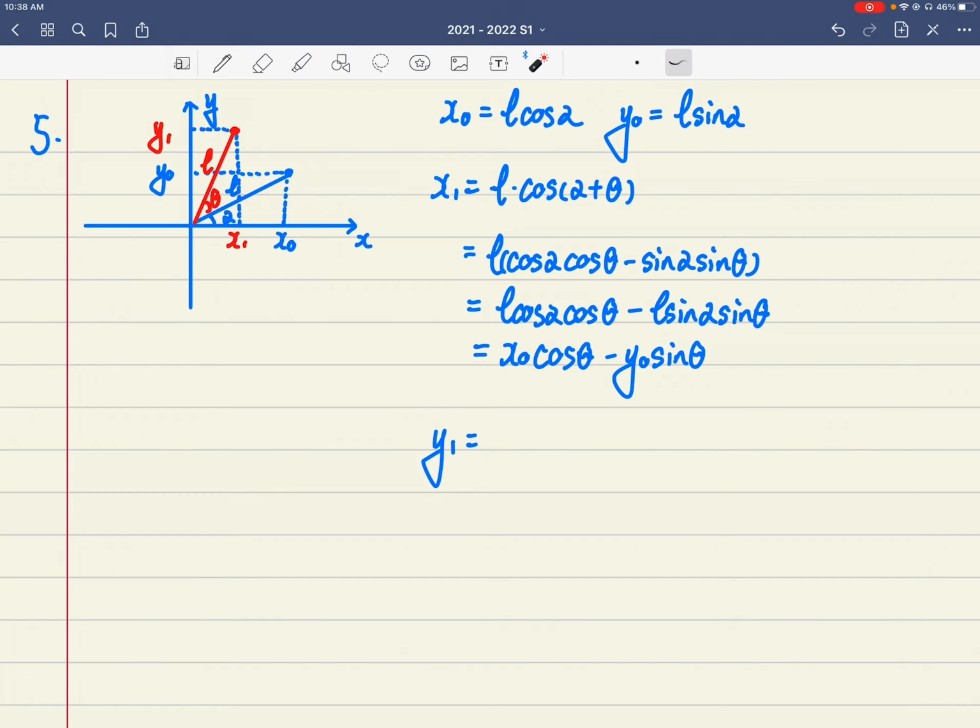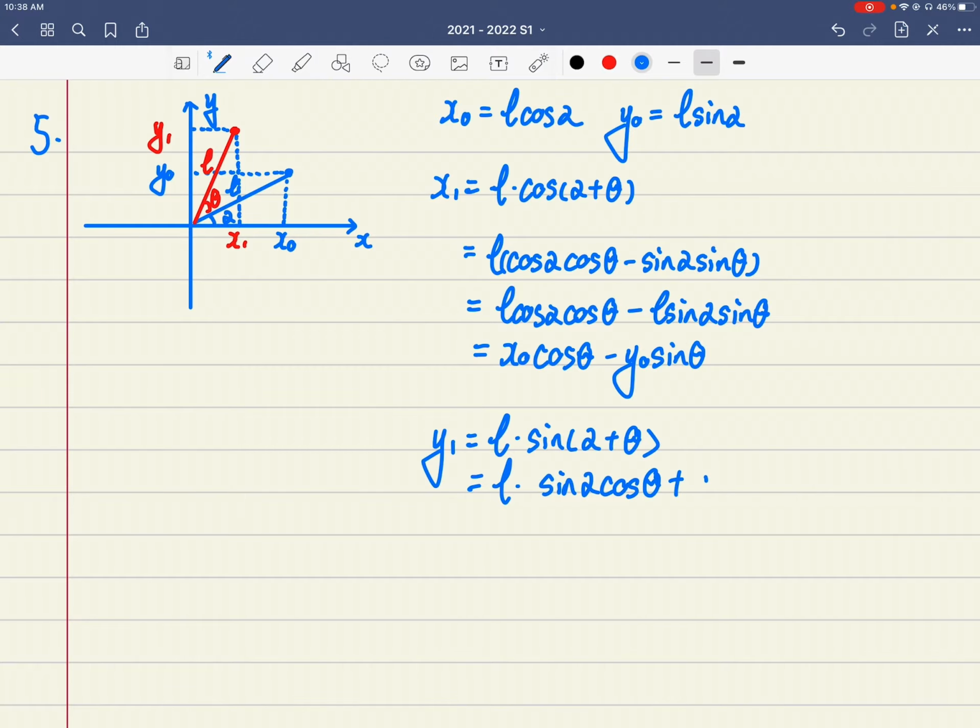So it's L times sine alpha cosine theta plus cosine alpha sine theta.